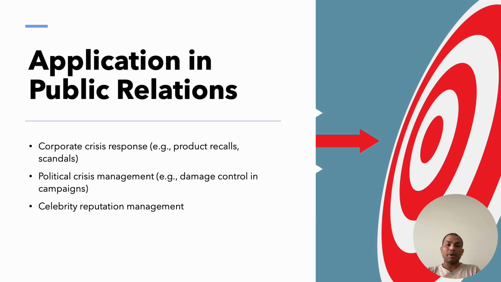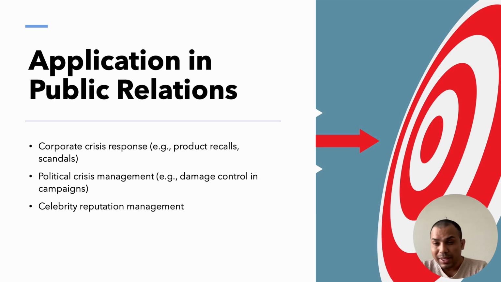Now let's talk about the application in public relations. How can we apply this theory in public relations? How is it helpful? In what situation can we apply this theory in the public relations context? One very popular one is corporate crisis response.